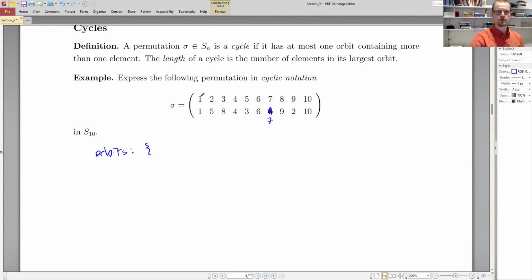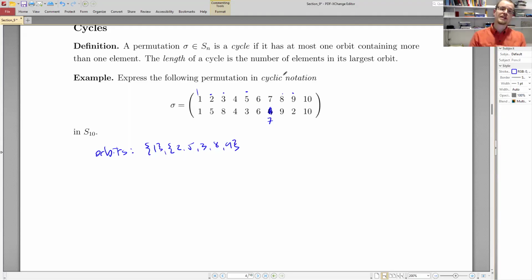So what are the orbits? Well, 1 gets sent to 1. I'm marking these off as I write them down here. 2 gets sent to 5. So 2 goes to 5. That takes care of 2 and 5. 5 gets sent to 3. 3 goes to 8. 8 goes to 9. 9 goes to 2, and that's back where we started.